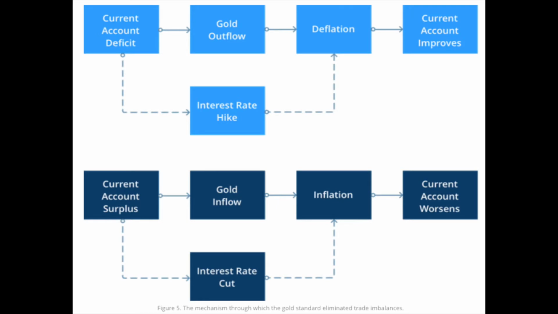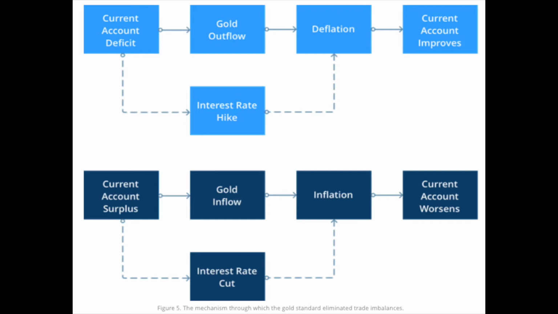And what was nice about this system are a few things. It has this self-regulating feature when it comes to the current account. So what you can see here in this simplified diagram is starting with some current account state, whether it's a deficit or surplus. And as a reminder, current account basically captures the trading activity for a nation.